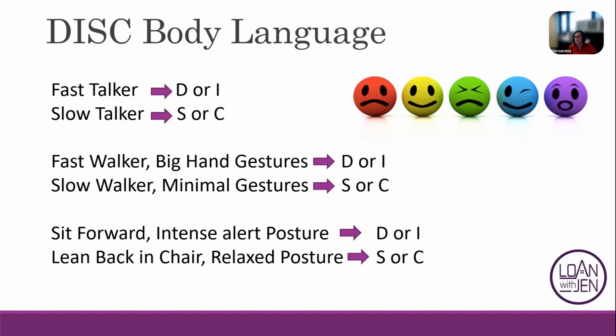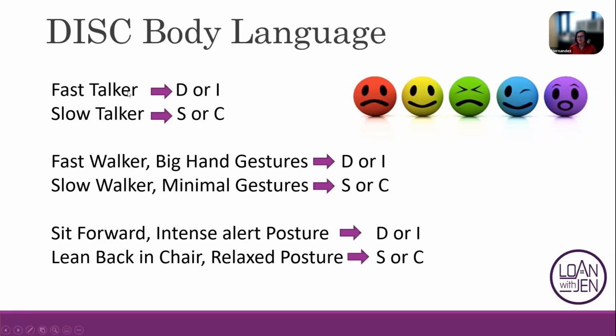That's why they're in the industry that they're in. The C's are more like engineers, appraisers, people that work with numbers all the time. They're very factual, like get me the data type people. The S's and the C's are super slow talkers. They're very calculated and very much the jury's out on this.